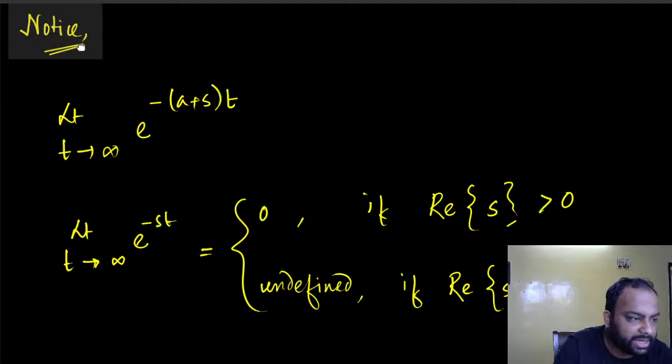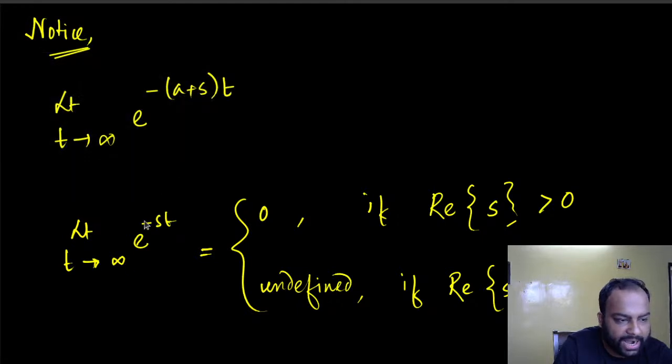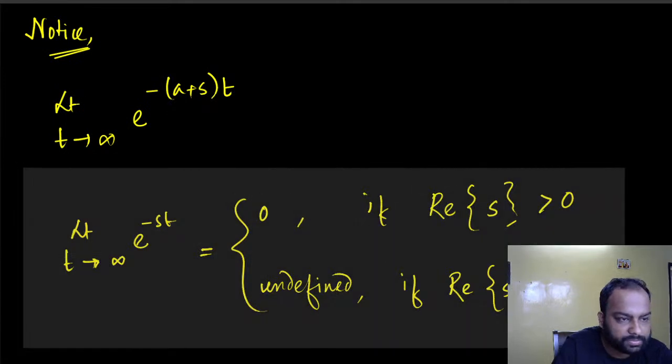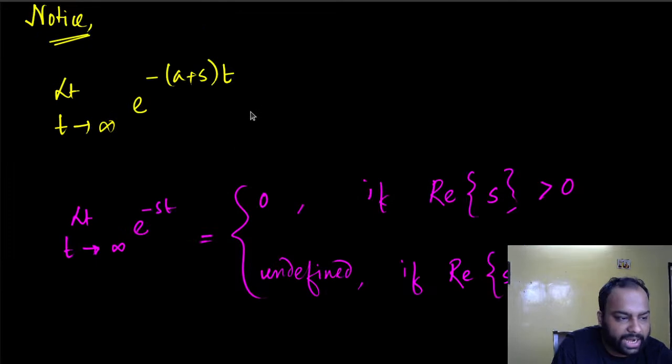As such, this is nothing very different from the thing that we had moments ago. So we can say the whole same thing. I can consider this entire a plus s to be p.